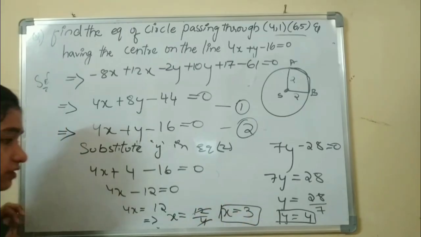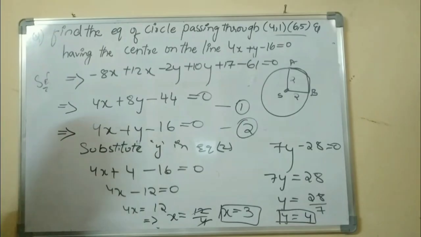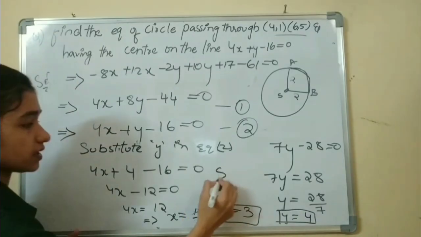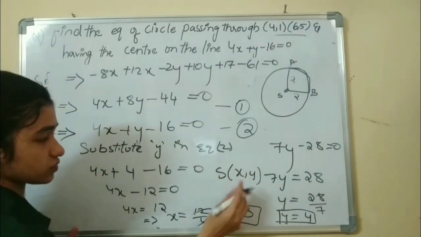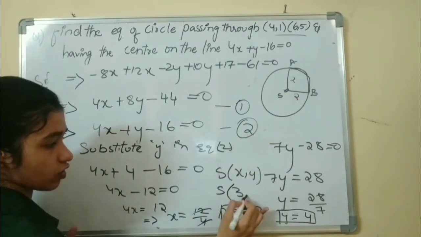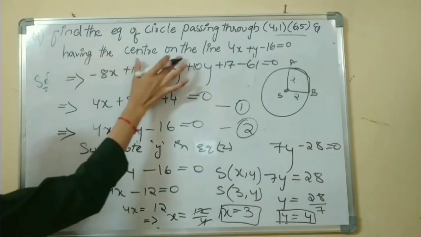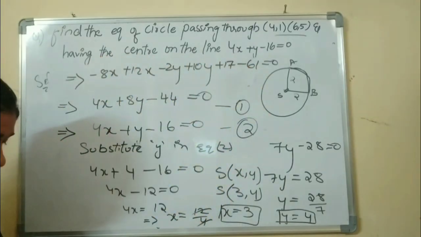So here we got our values of x and y, which is nothing but x, y. So it is the center value, which is 3, 4. And from this, what we have to find is having the center on the line.